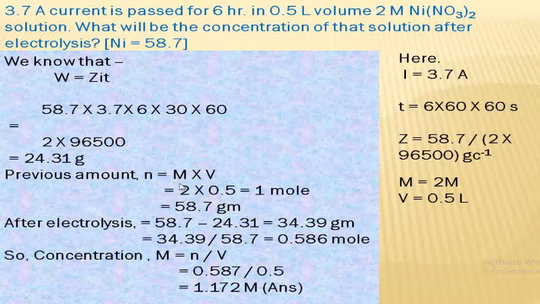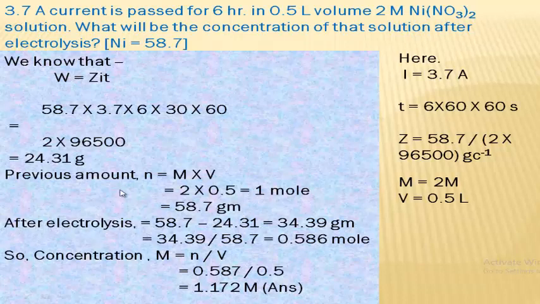From this relation we can easily calculate the amount of metal previously present in this 0.5 liter 2 molar solution. So this amount is actually 58.7 gram. 1 mole of metal is present in this solution, so 1 mole means 58.7 gram nickel.